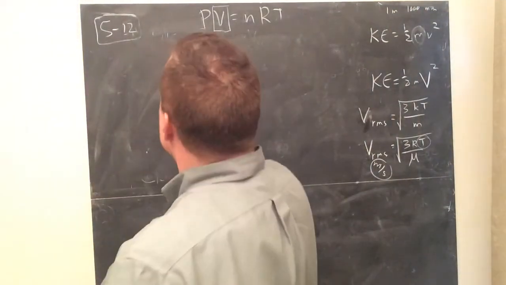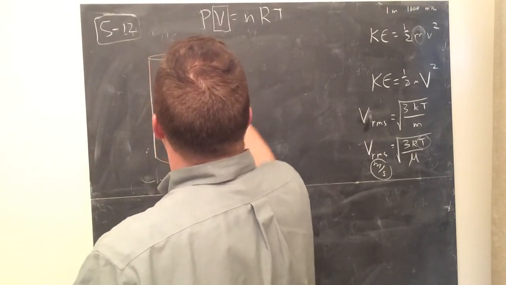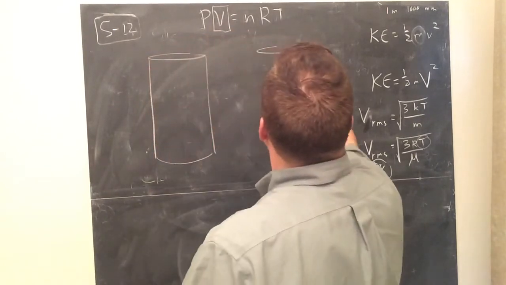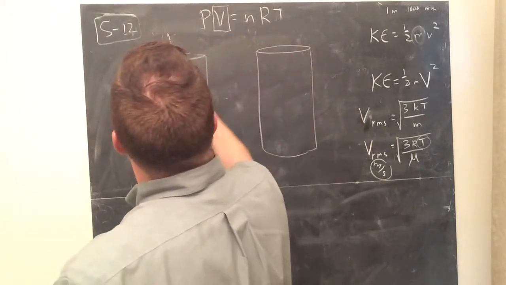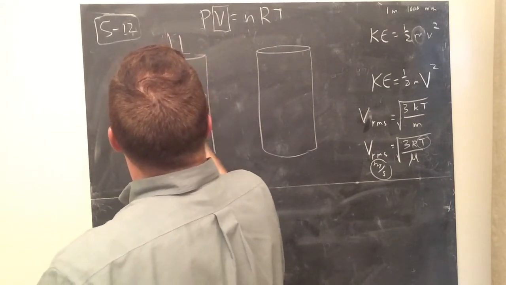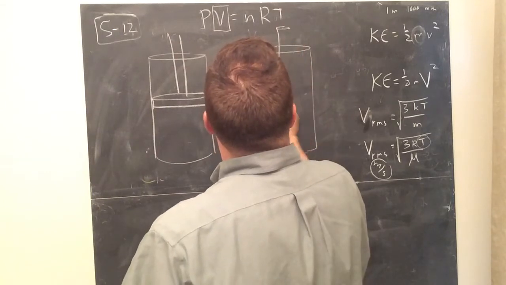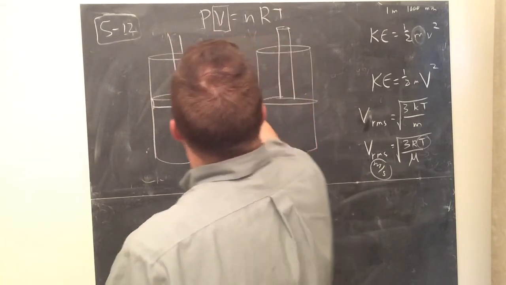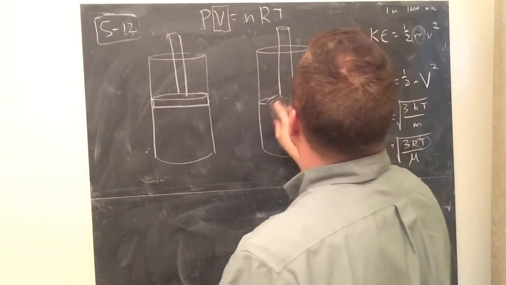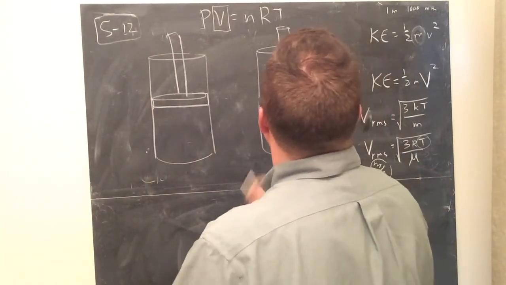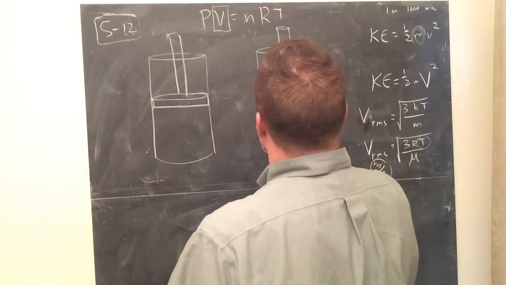So if a gas is under a very high pressure, let's put a cylinder here, and I'll put a cylinder here. And we'll have a piston. When I say a piston, it's like in a syringe. You're able to move this thing. My drawing wasn't too bad, but I forgot to make one with a smaller volume and one with a higher volume.